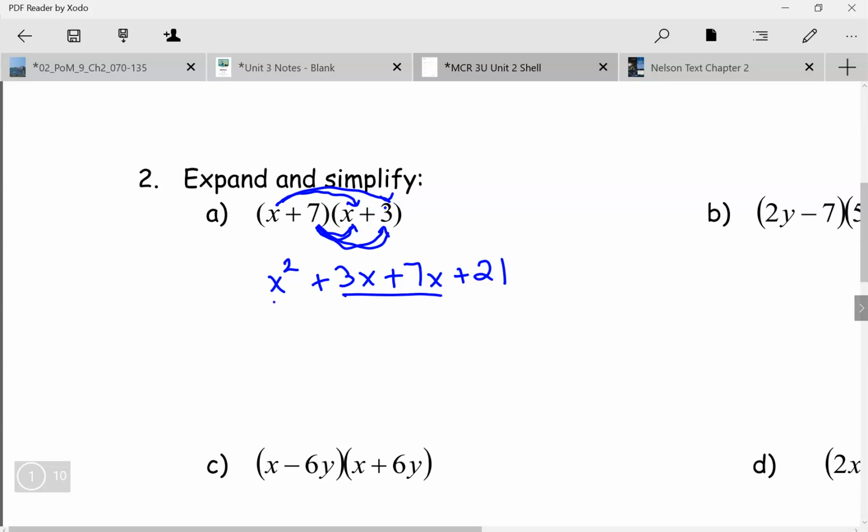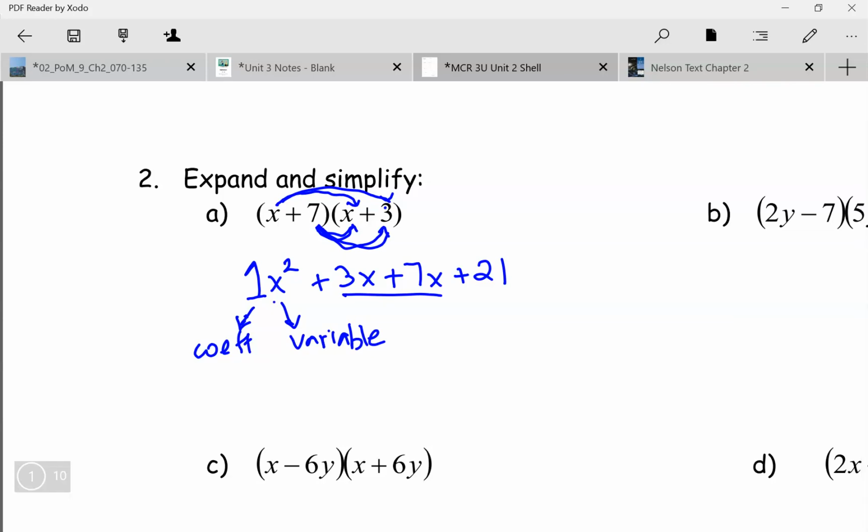Again, just to point out that the coefficient for a term without a coefficient is 1. 1 is the invisible coefficient here, and the x squared points to the variable. A couple of us were confused in class, but just to point out that the letter is the variable and the number next to it, or to the left of it I should say, is the coefficient, and that includes the sign that's in front of it.